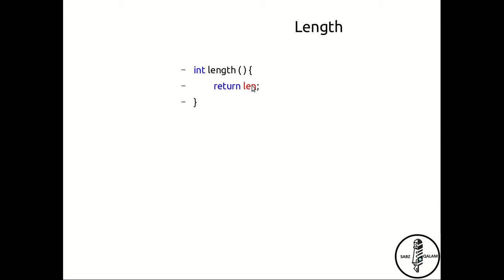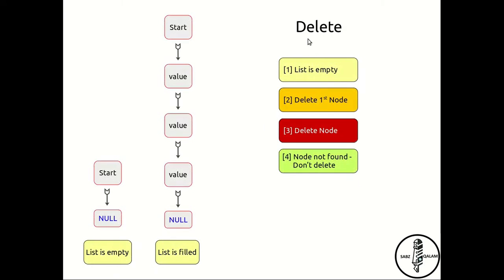Now, because length is a global variable, the function length is extremely simple. You just return whatever the value stored in length. Okay? Now, as far as the delete function is concerned, while you write or program delete, you have to consider 4 options. The first case is, what do you do when the list is empty? And what do you do when the list is filled?